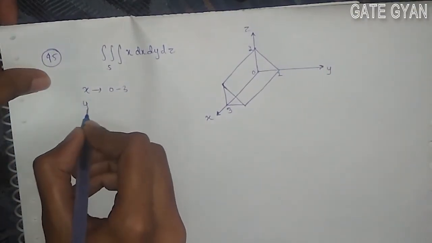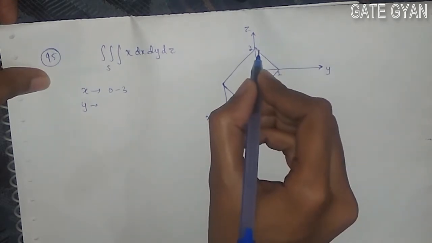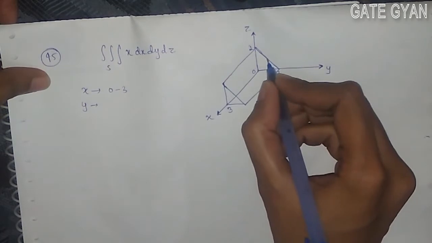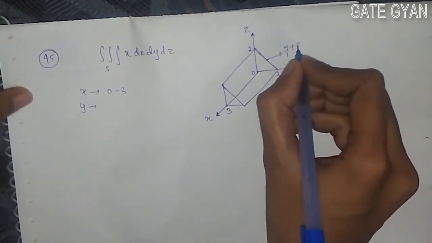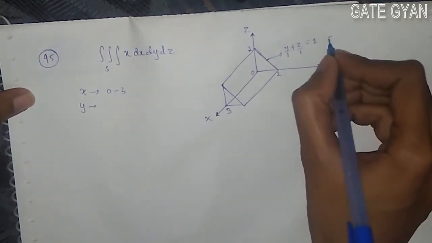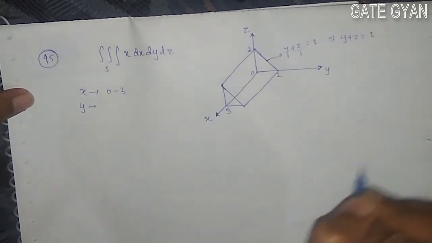Now the limit of y. Since this is the equation of a straight line in the y and z plane, the equation of this line is going to be y by 1 plus z by 1 equal to 1, which implies that y plus z equal to 1.